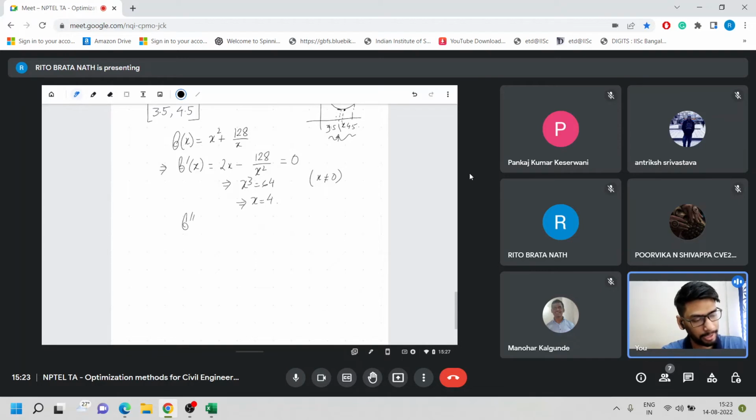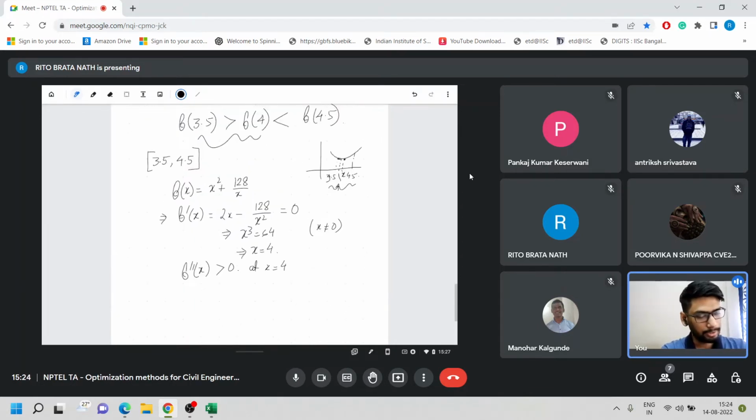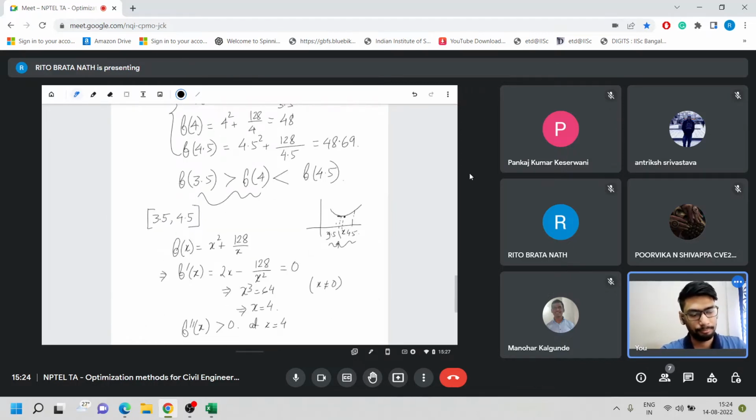When you take the second derivative, you will see that it is greater than 0 at x equals 4. So that's why you get the minima at x equals 4. This way you can get the exact minima point, but using that exhaustive search method, you can just bound it within some region. So this is one example of the exhaustive search method.